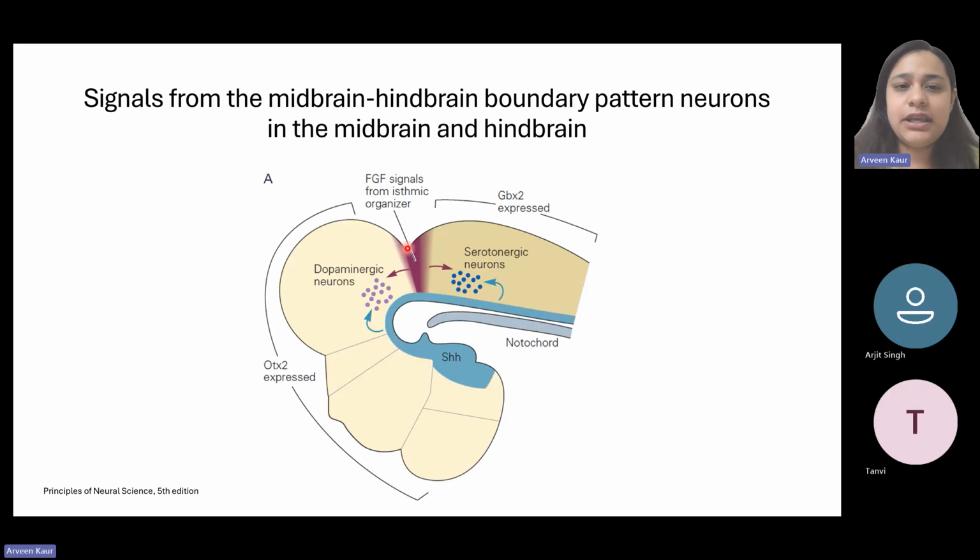So this is it. There is this midbrain hindbrain boundary that is present, which is represented in this purple color. The signals from this midbrain hindbrain boundary basically pattern neurons in the midbrain as well as in the hindbrain, right? So there is some kind of FGF signaling over here that is being released from this isthmic organizer region, right?